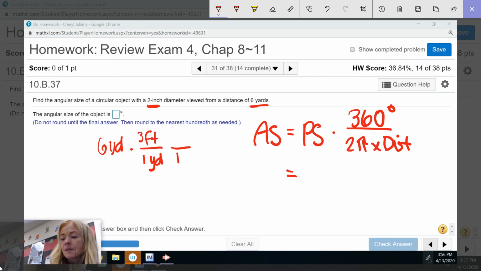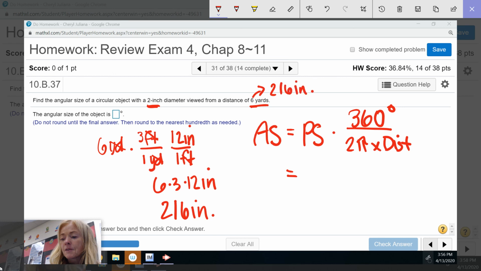And then we need 1 foot on the bottom and 12 inches on the top. That way our yards divide out and our feet divide out. So 6 times 3 times 12 inches is 216 inches. That's how many inches 6 yards is, so that we have our units matching.